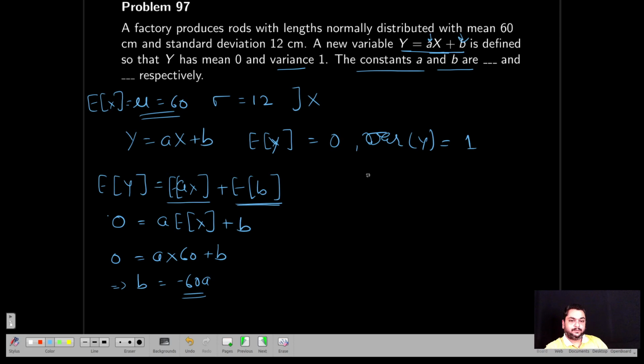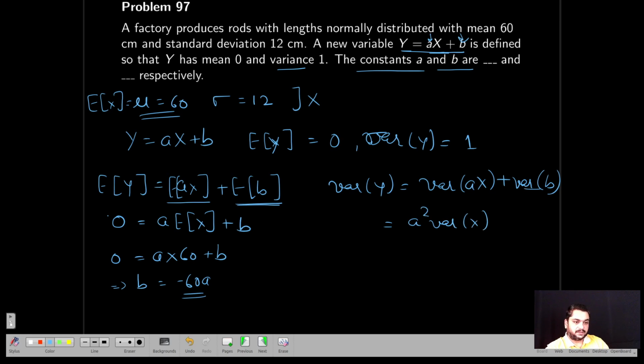Now, the variance is also given. So variance of Y is equal to variance of AX plus variance of B, because AX plus B is given. When I take A outside, it becomes A square times variance of X, plus variance of a constant, which is 0.